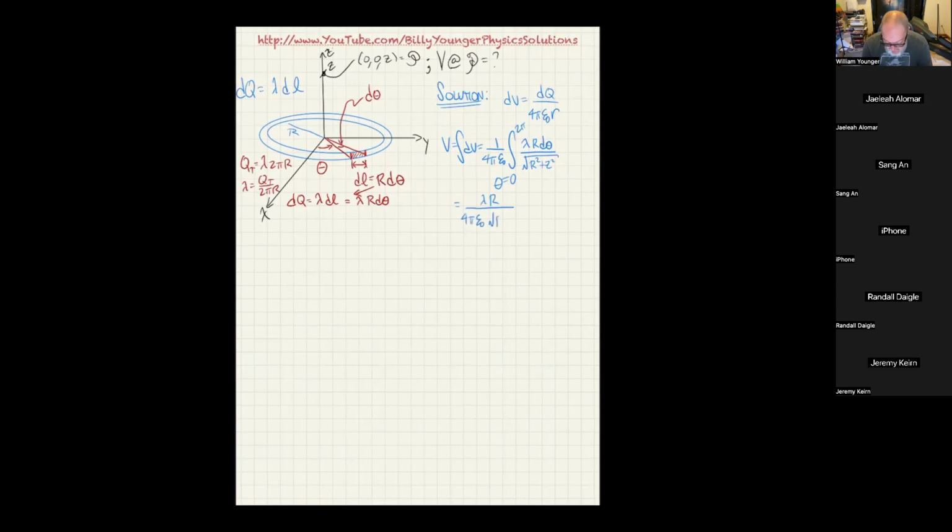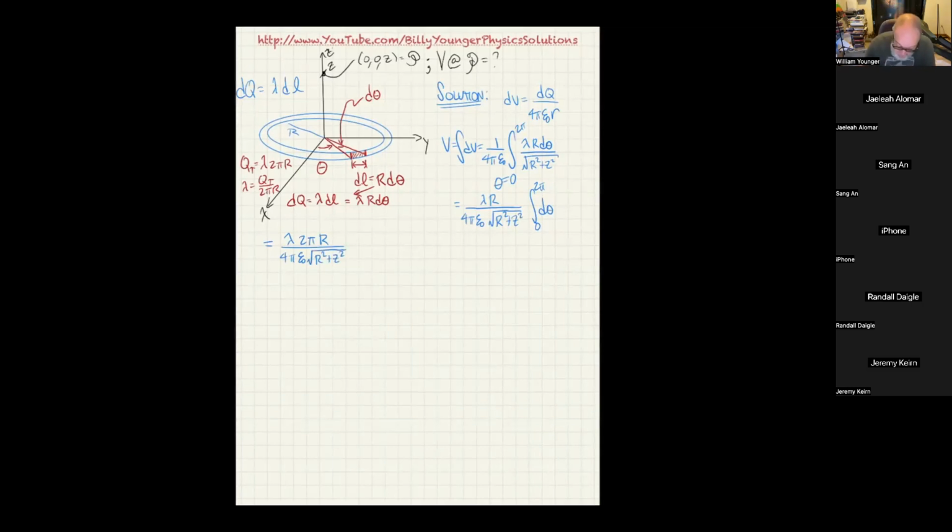But you're also going to have an r squared plus z squared under a square root in the bottom, also out front. And we get the integral of d theta from 0 to 2 pi, which is obviously going to give me lambda times 2 pi r over 4 pi epsilon naught square root r squared plus z squared.